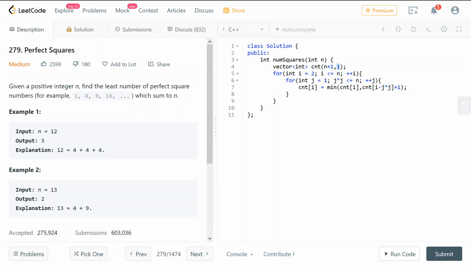So for the initialization, we should not put this one. Indeed, for the initialization we should set cnt i equals i, because the integer i can always be written as i squares of 1 times 1.